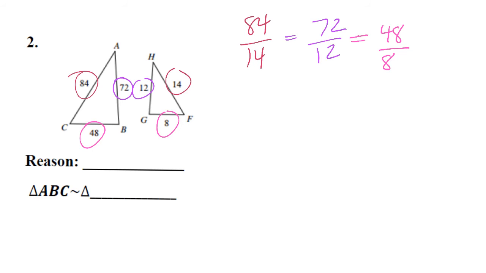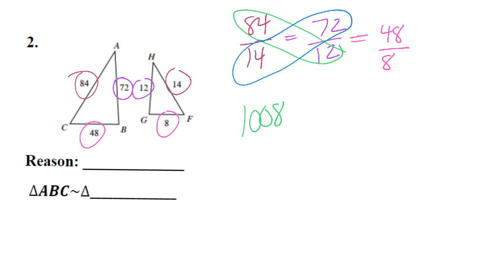Okay, so now we want to cross multiply. You want to do 84 times 12, which is 1008. 14 times 72, which is also 1008.